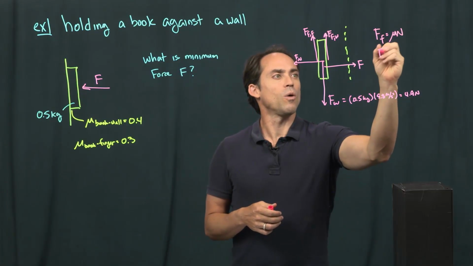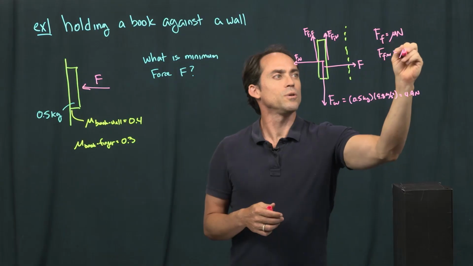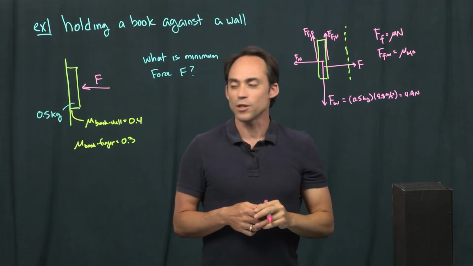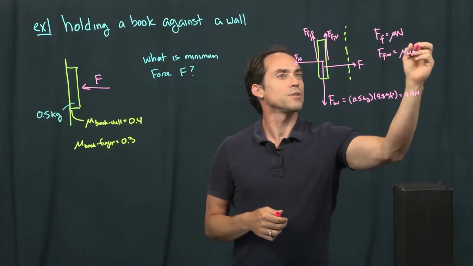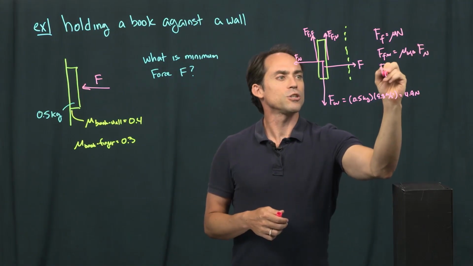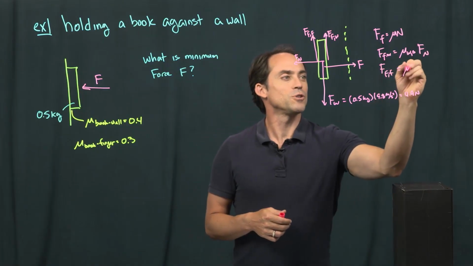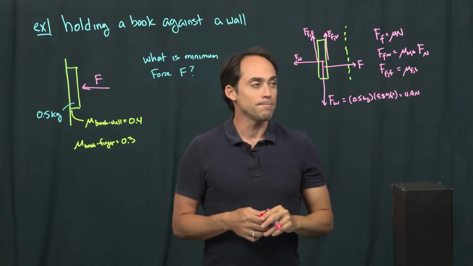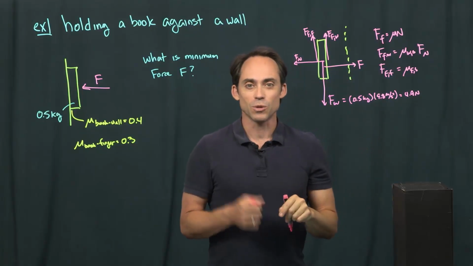And so for the wall force, this is going to be mu times our wall-book coefficient of friction, which I've written down over here, just flip the words around, it's 0.4, times the normal force, which is our Fn, and the friction between the book and my finger is equal to the coefficient of friction between my finger and the book, which I've estimated to be about 0.3, times the normal force, but the normal force in this case is the force that's acting between my finger and the book.